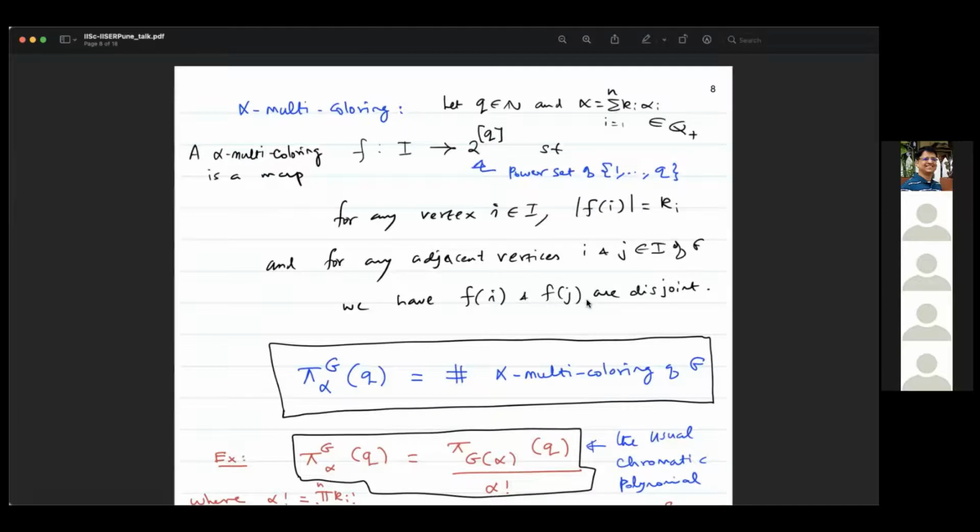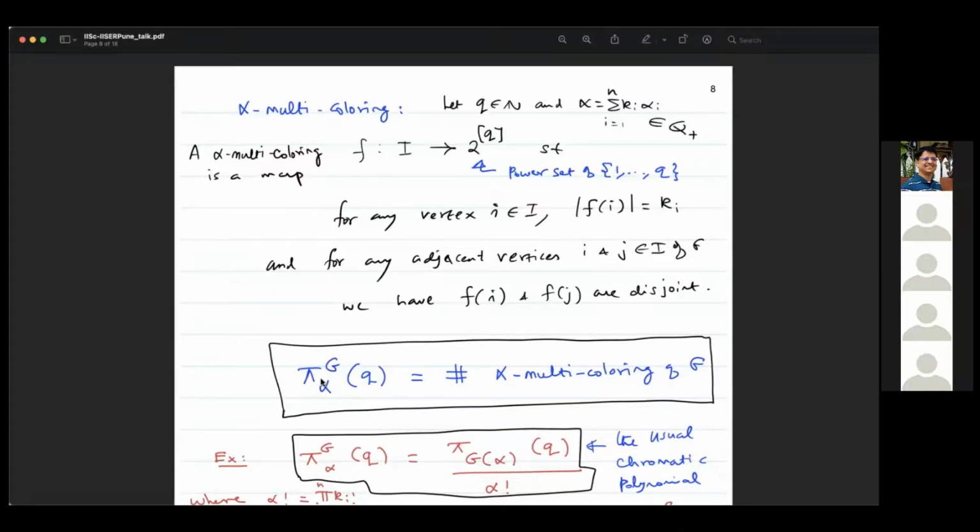In the usual vertex coloring, you assign each vertex one color and adjacent vertices should receive distinct colors. Here you assign each vertex i, k_i colors, and adjacent vertices should receive disjoint colors. That's all.